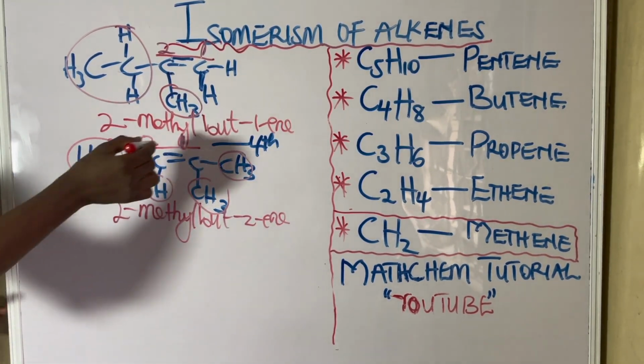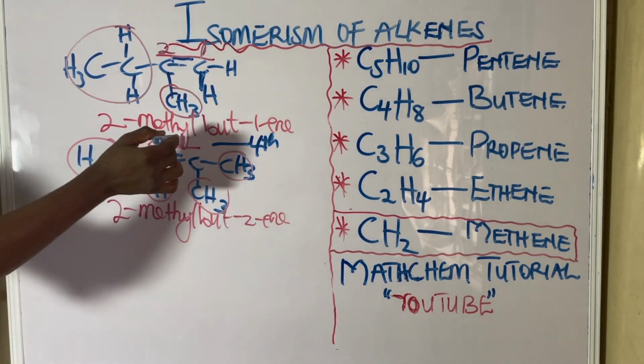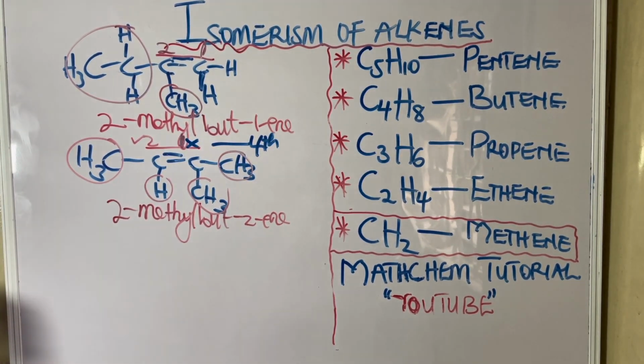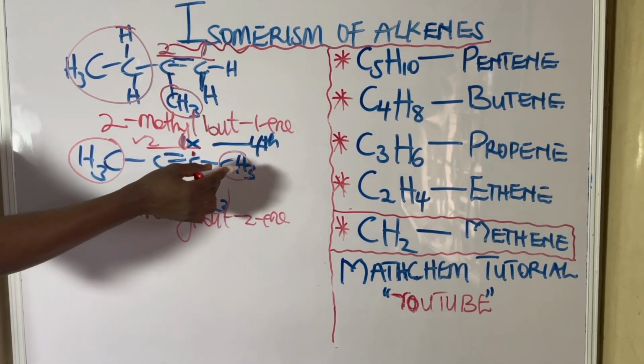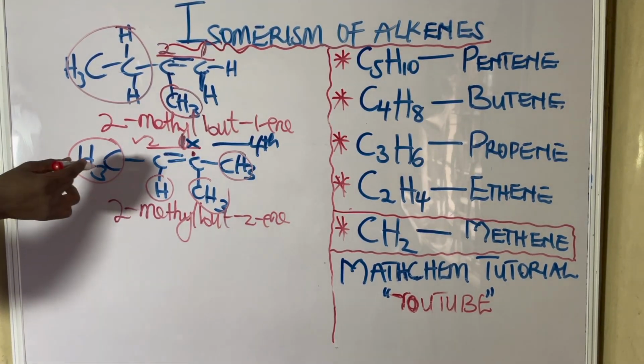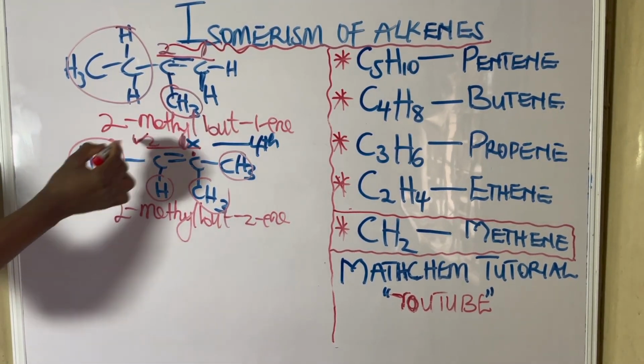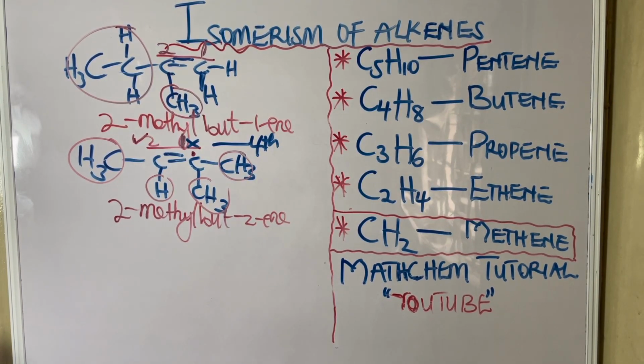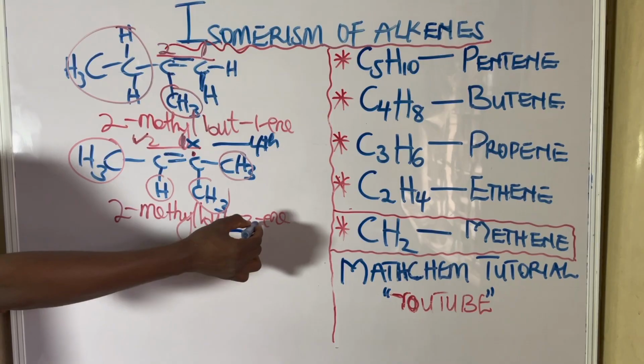So we can't have cis and trans here because this carbon atom doesn't have two different groups, but the other one does. So this is 2-methylbut-2-ene, and this is the fifth isomer.